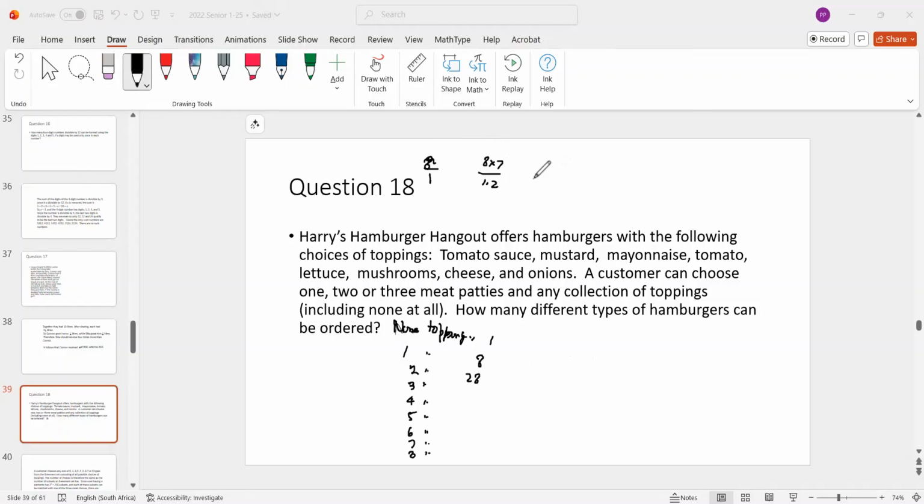For the next one, it's 8 times 7 times 6 over 1 times 2 times 3. 2 times 3 is 6, 8 times 7 is 56. The next one is 8 times 7 times 6 times 5 over 1 times 2 times 3 times 4. I'm using the formula that I did earlier with R, right?